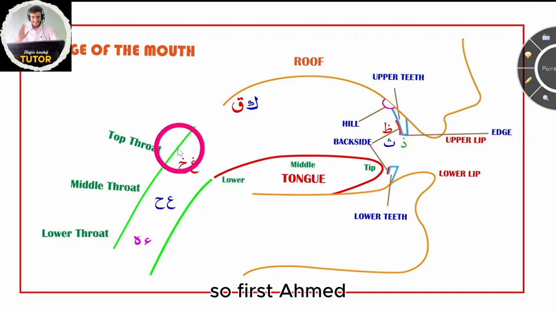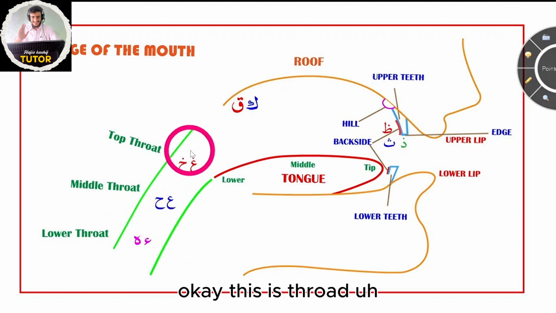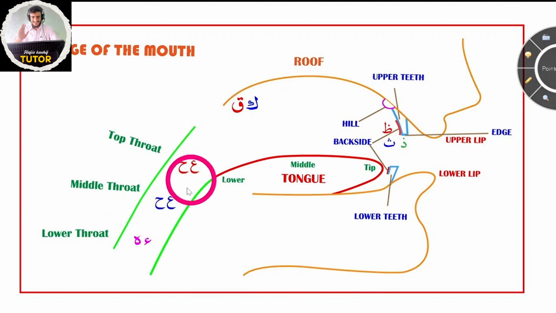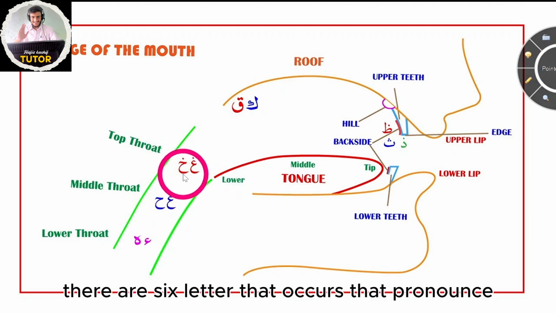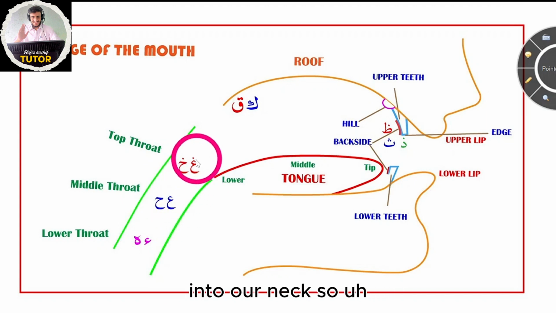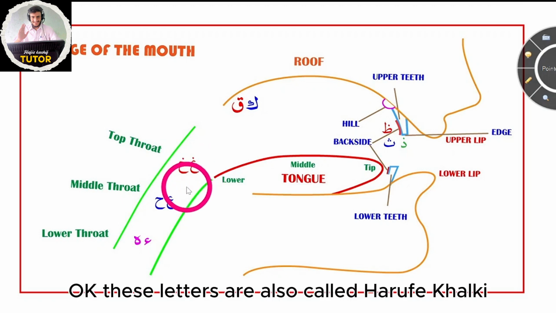So first, Ahmed, this is the throat. In the throat, there are six letters that are produced from the throat, in our neck. These letters are also called huruf halqi.